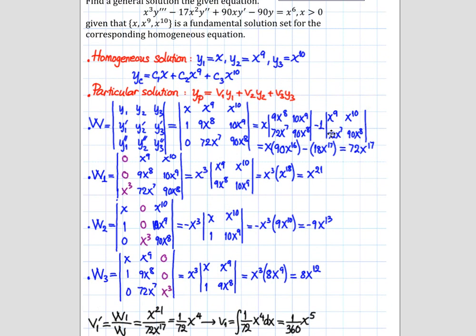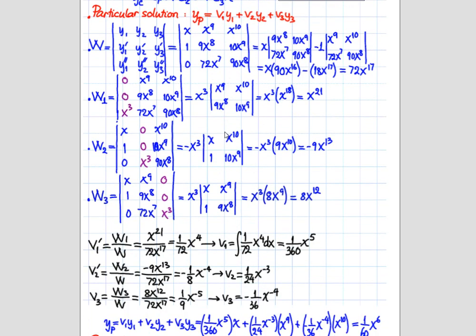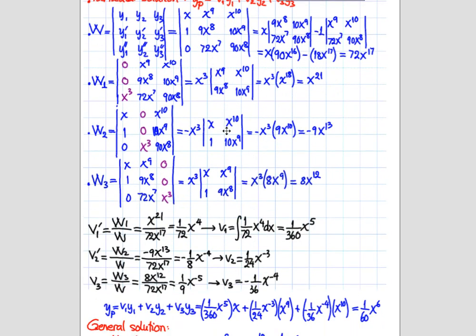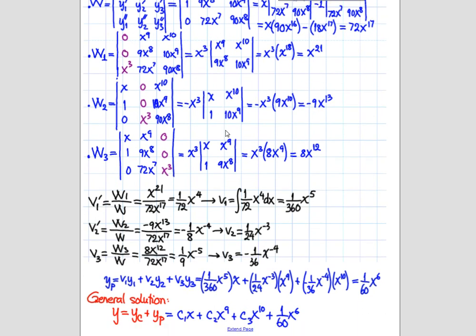Right. So again, the homogeneous solution, we are given that. So that's easy. Our particular solution, we use variation of parameters. Find the Wronskian and the W's, and then by Cramer's rule, we find the V's. Sorry, this has the derivative.